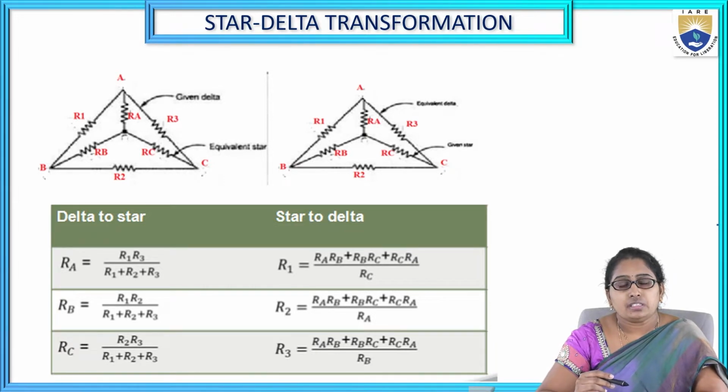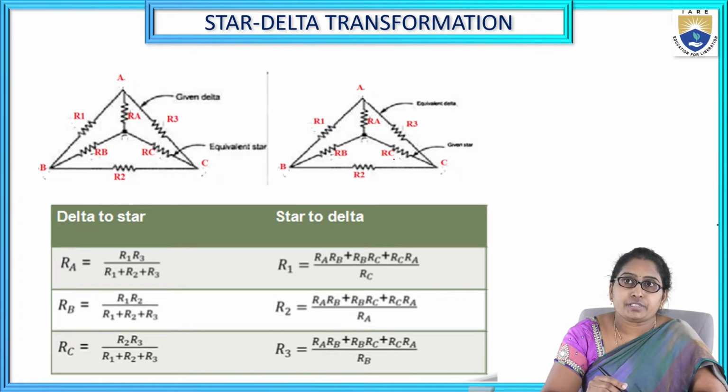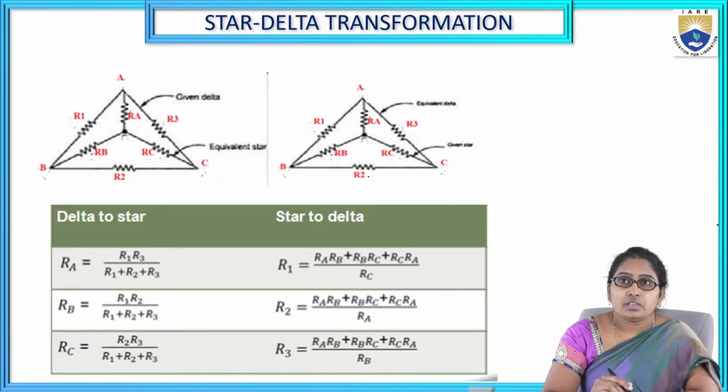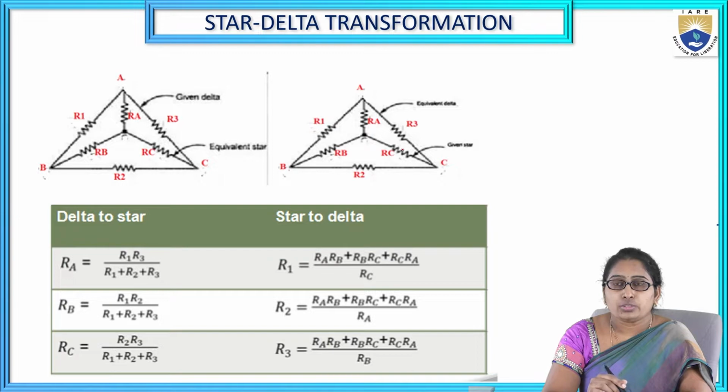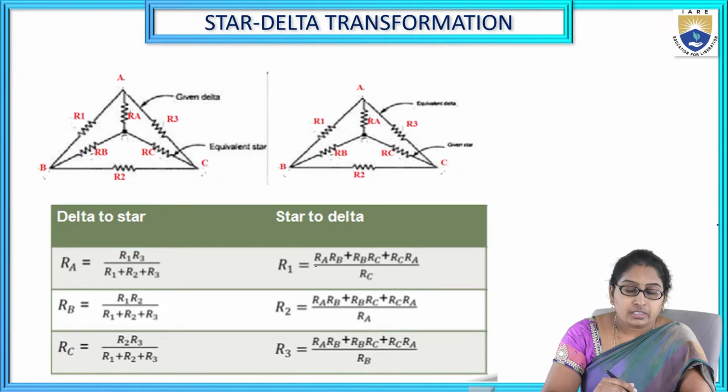Next, similarly, if a star network with elements RA, RB, RC is given, as we can see in the picture on the right side, how do we get its equivalent delta network elements R1, R2, R3? First write R1.